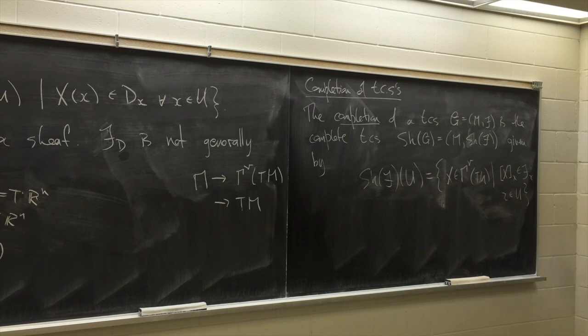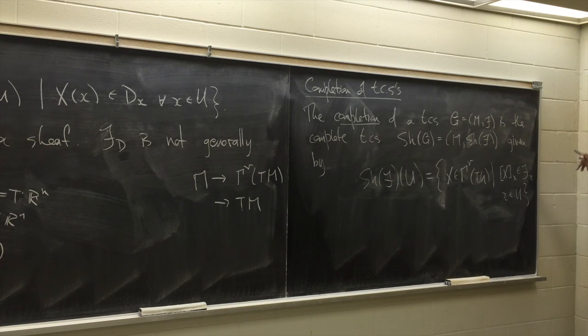So first of all, the set of all vector fields is certainly contained in the sheafification. Let me first think about that. And why is that? That's because if I think about this condition, what is this condition? This condition says that the germ of the vector field X at a point X should have a bounded representative.